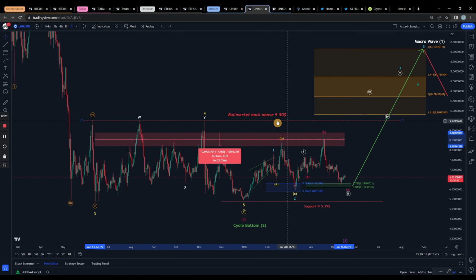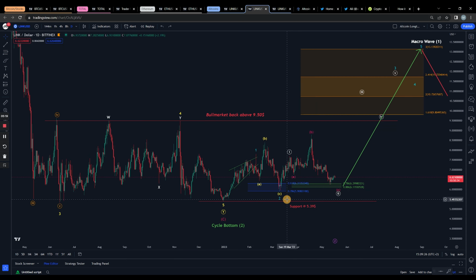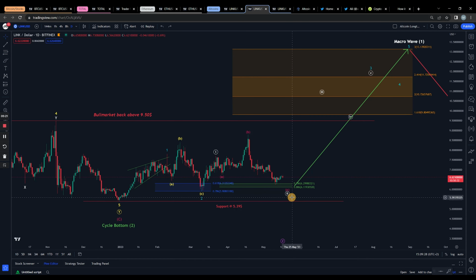I think Chainlink is the only token which established such a long sideways trend, and it's really frustrating some investors, I know.